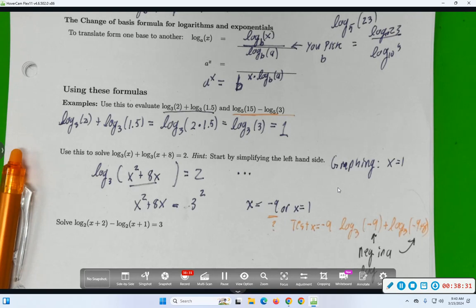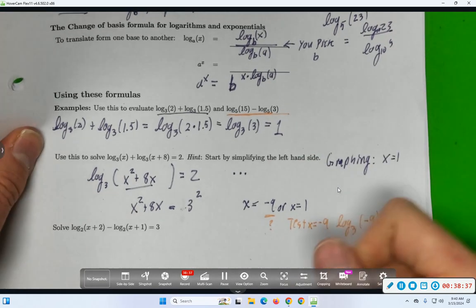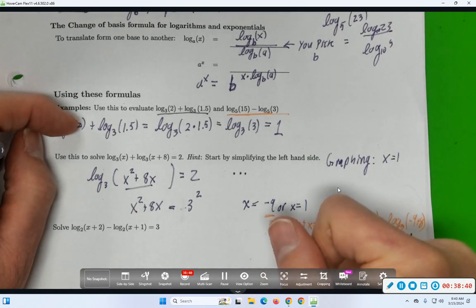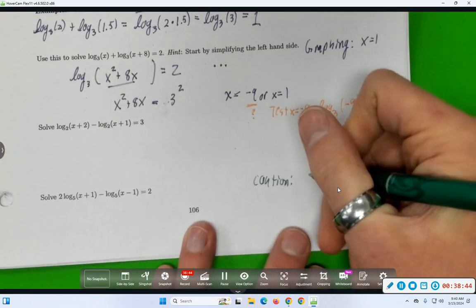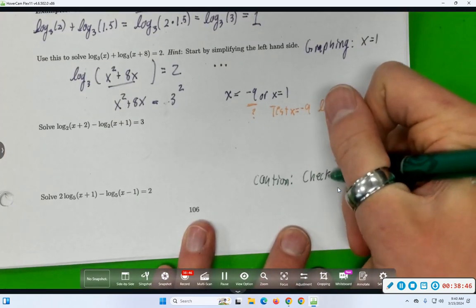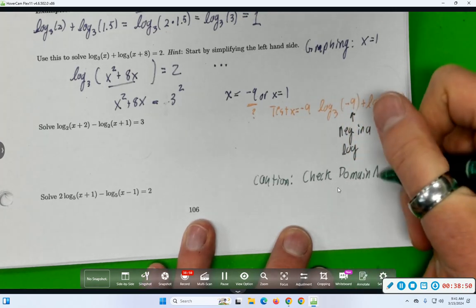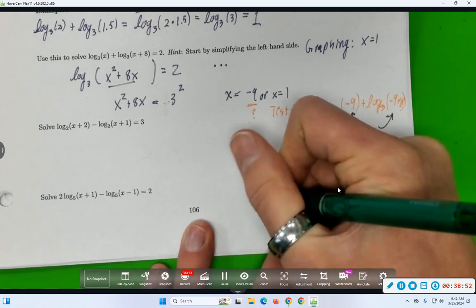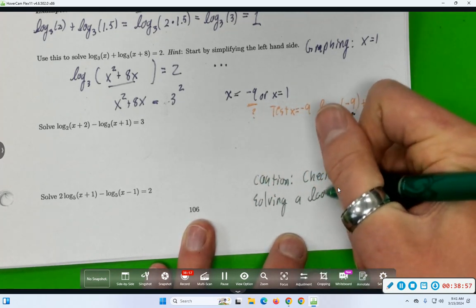So here is the payoff, the cautionary note: check domain after solving a logarithmic expression.